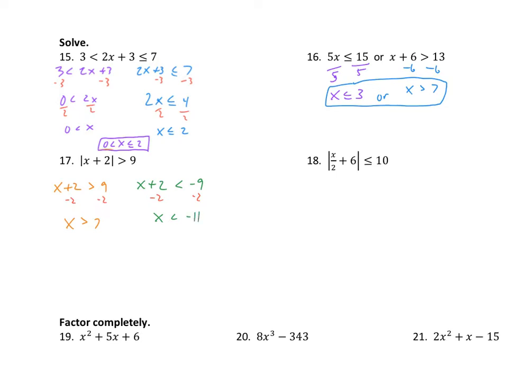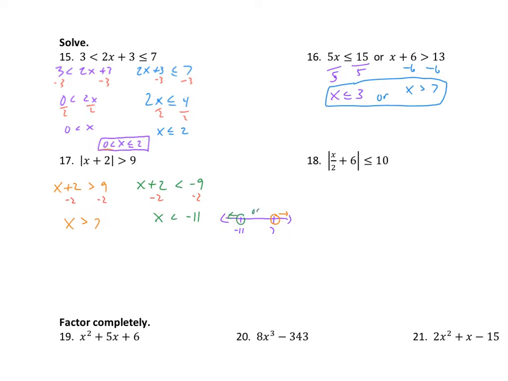So at this point you should stop and ask yourself, is this an "and" problem or an "or" problem? One of the ways we did this in class was to draw it out. Just a quick sketch. So I have negative 11 and 7. It says x is greater than 7, which means it would be opening to the right, and then x is less than negative 11, which means it would be going to the left.